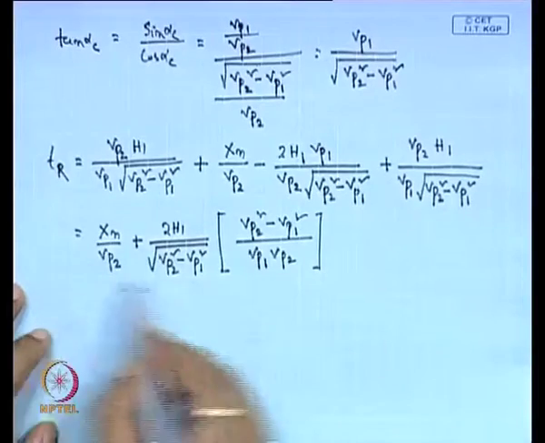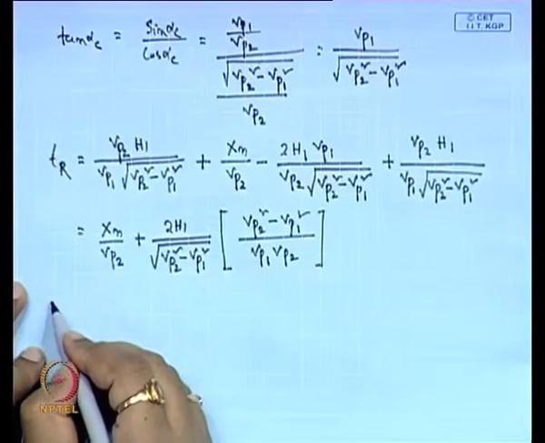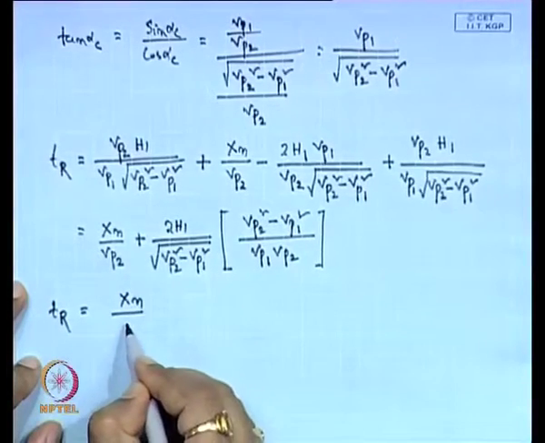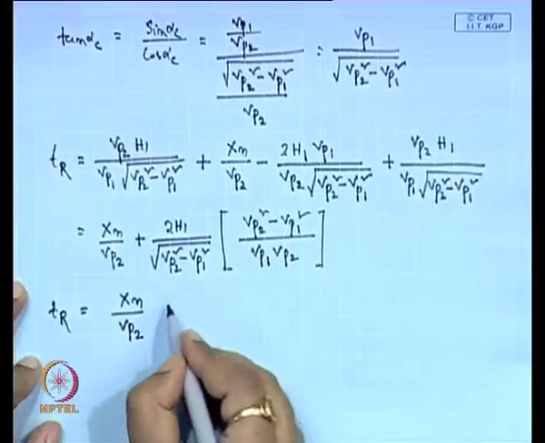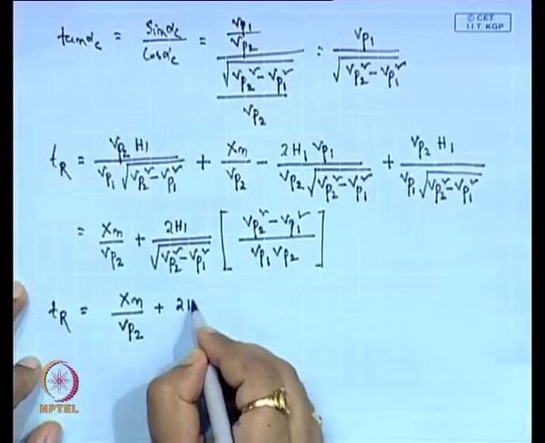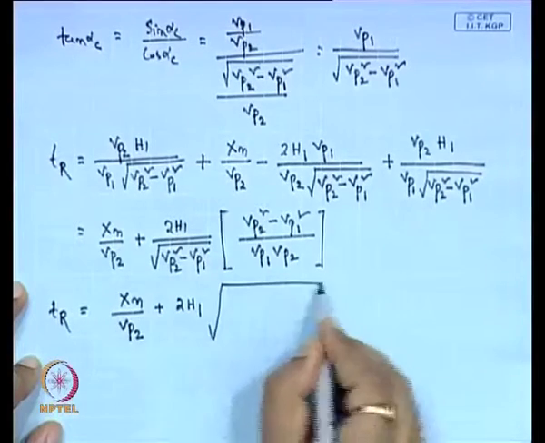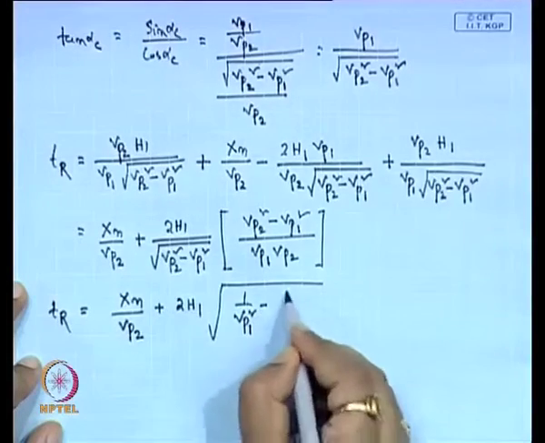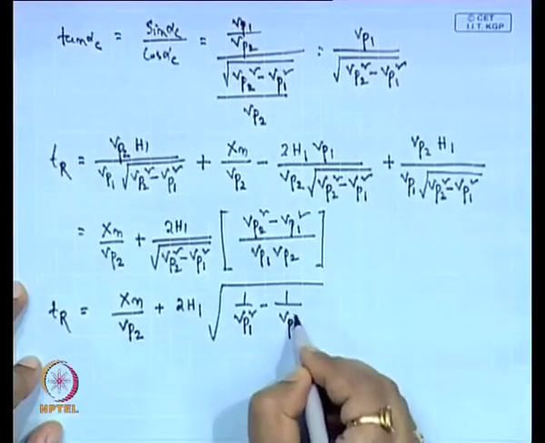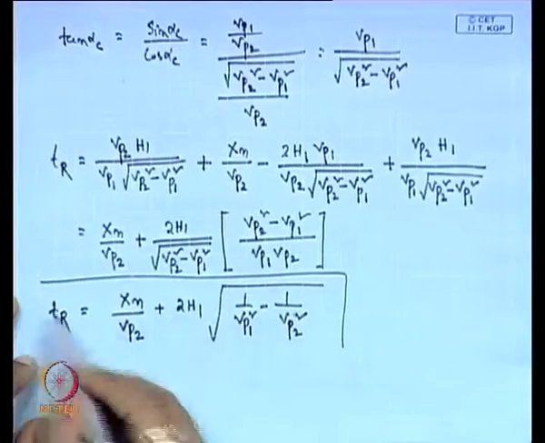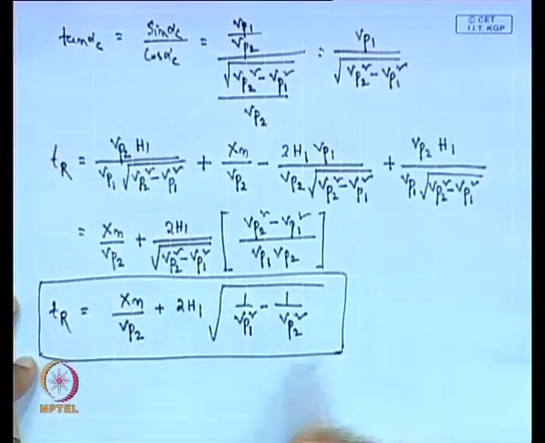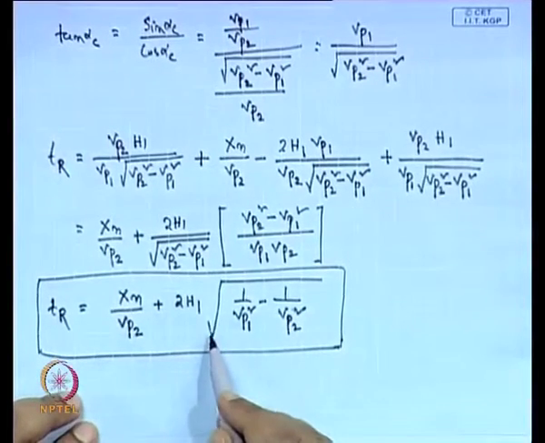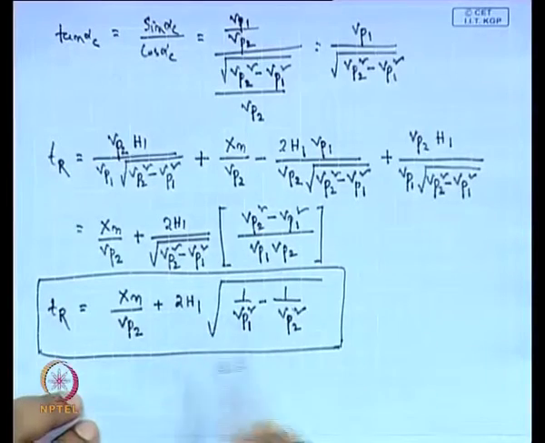Now, finally, if I further simplify this expression, we will get finally T r will be x n divided by V p 2 plus 2 H 1 into root over 1 by V p 1 square minus 1 by V p 2 square. So, this will be the final expression of the time required to travel by this refracted ray from A to C.